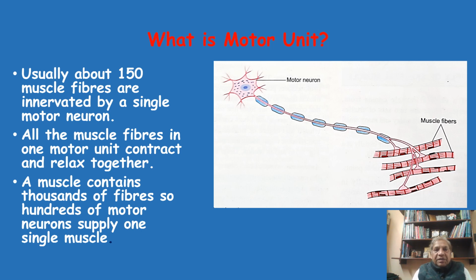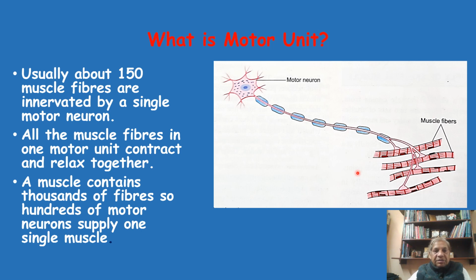The benefit of this is that all the muscle fibers supplied by a single motor neuron will contract and relax together, because the nerve impulse generated from that motor neuron will simultaneously reach all the muscle fibers which are innervated by it. That is the significance of the motor unit.